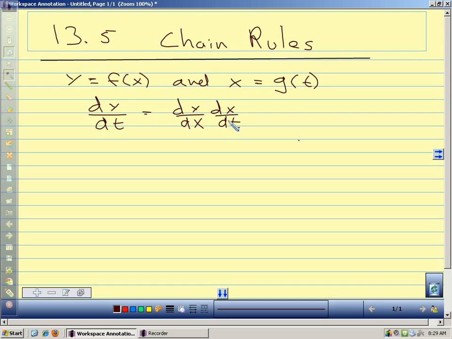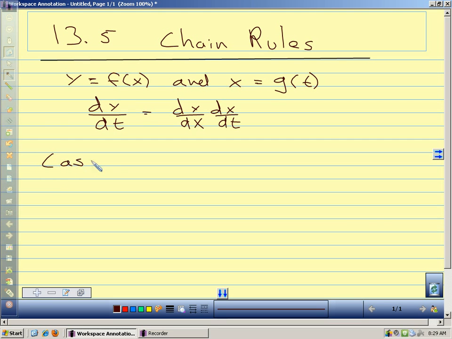For multivariable functions, just like we have several cases for our second partial derivative, we have several cases for the chain rule, depending on how our function depends on our other variables. So we're going to talk about several different cases for chain rules.